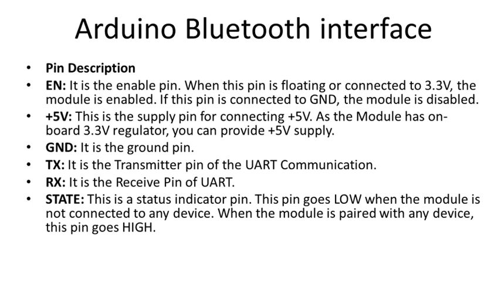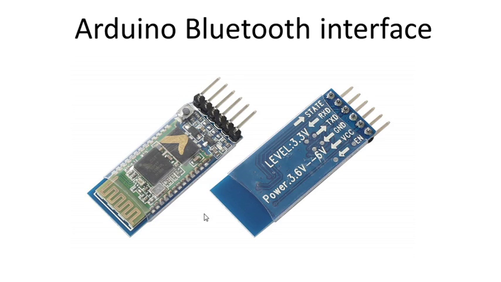First look over here at the pin diagram of Bluetooth. You have to see how many pins are available in Bluetooth and how we can use these pins for some specific applications.